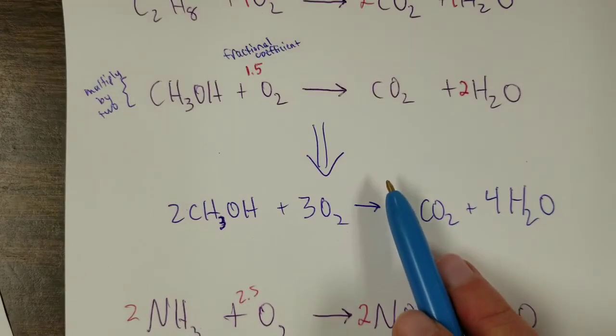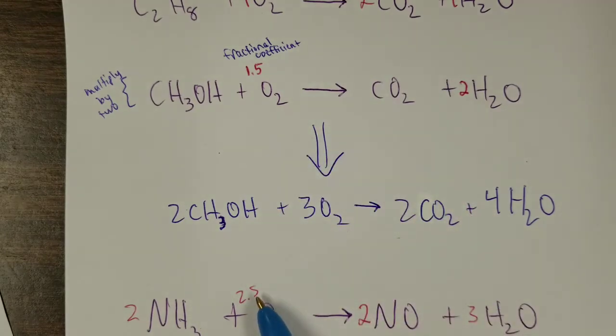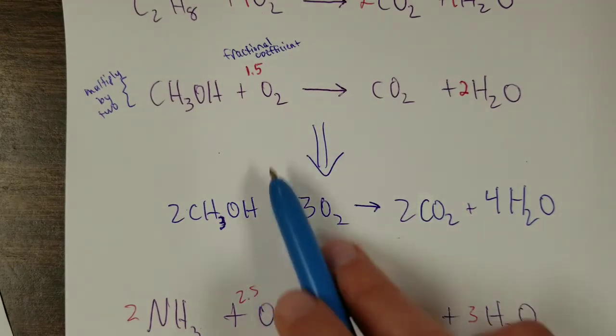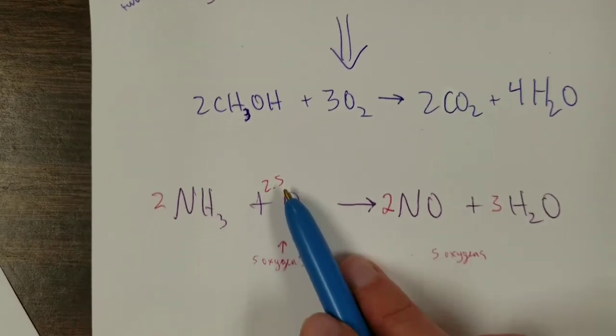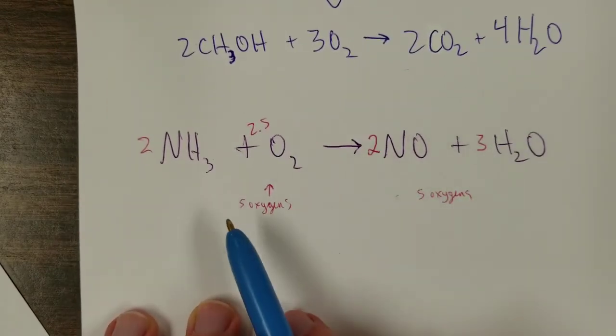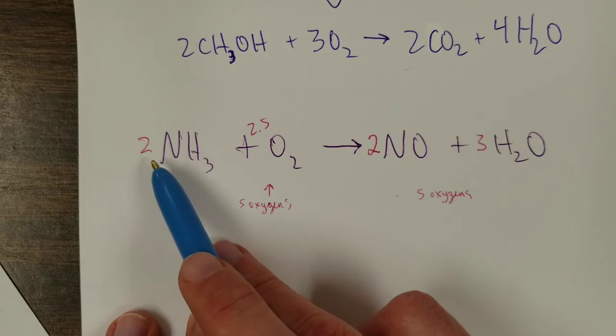Well, just as before, I can't have a fractional coefficient in my final answer, so I need to fix that by timesing everything by 2. And so let's do that.